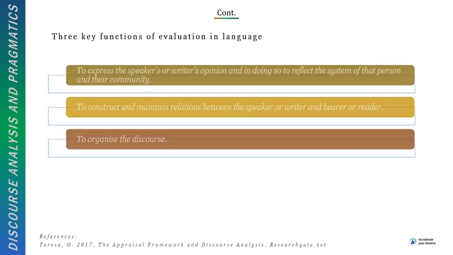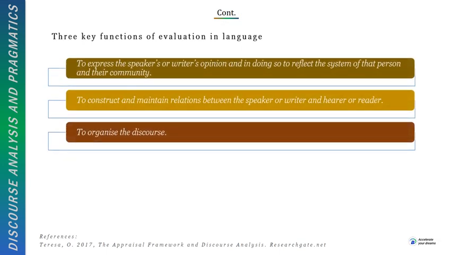Number one, language is used to express the writer's or speaker's opinion, and in doing so to reflect the value system of that person and their community. And number two, evaluation in language is used to construct and maintain relations between the speaker or writer and the hearer or reader. And lastly, evaluation in language is used to organize the discourse.